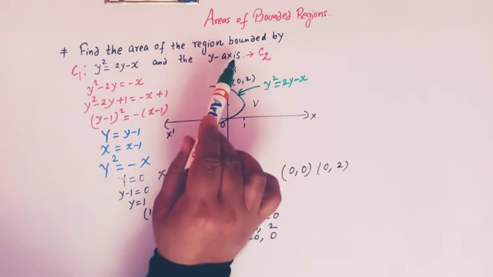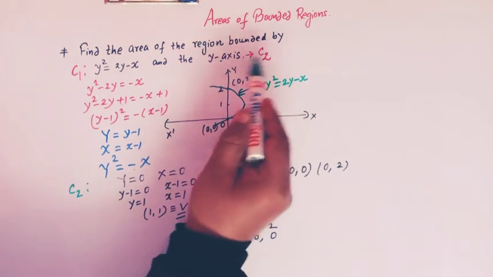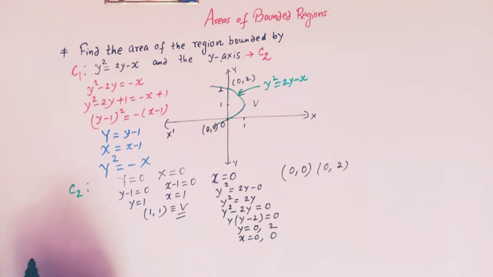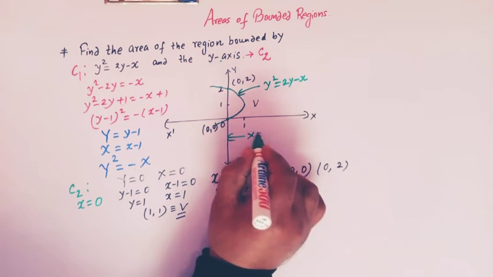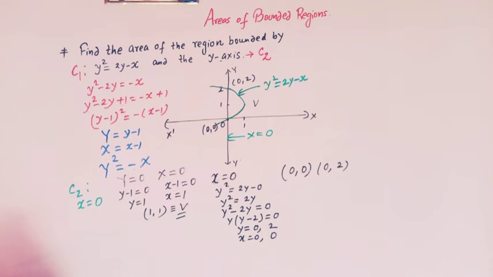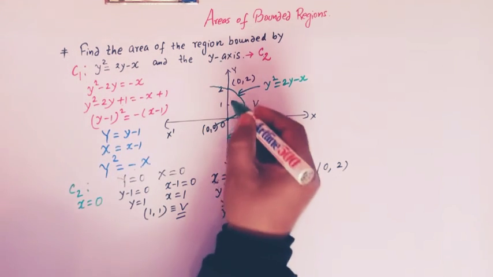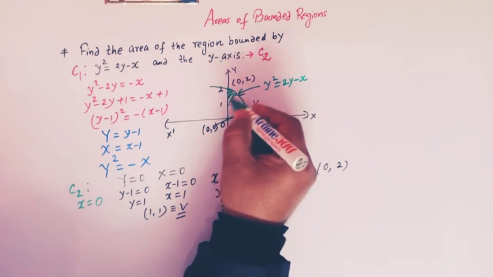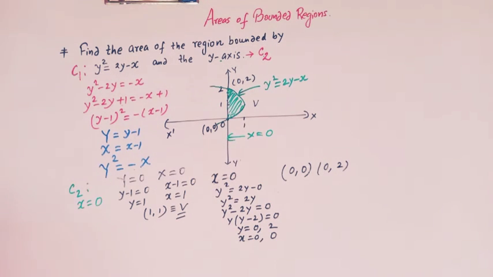Okay, and the second curve, which is C2, is the y-axis, and the equation of the y-axis is given by x is equal to 0. Now we have to find the area of the region bounded by C1 and C2. So we have simply this region whose area is to be calculated.